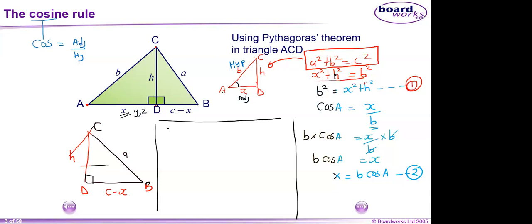H squared plus C minus X squared is equal to A squared. Very good, thank you so much.